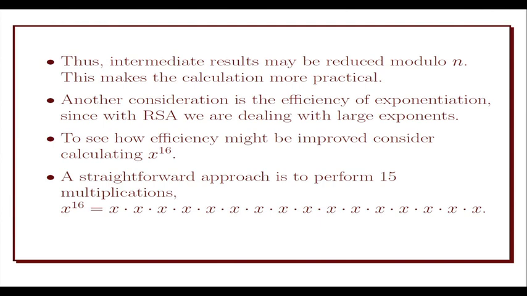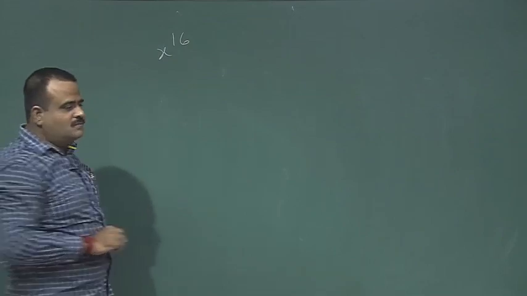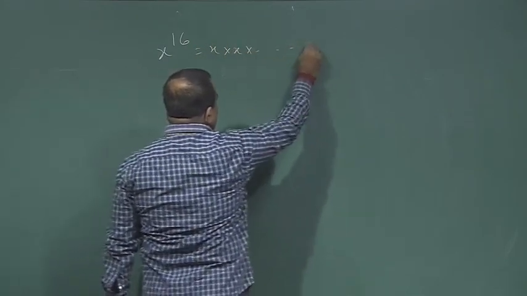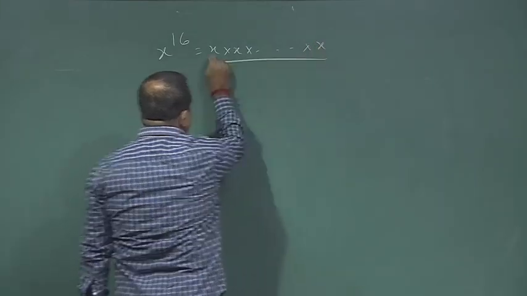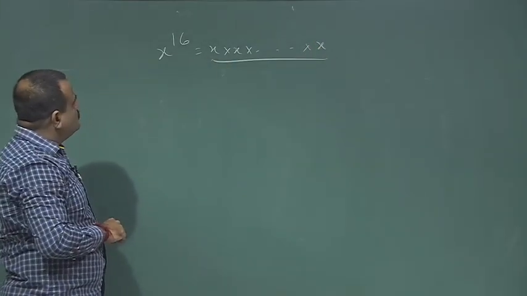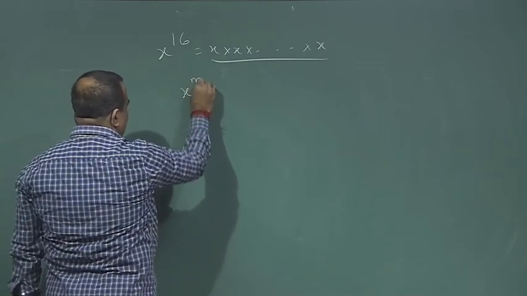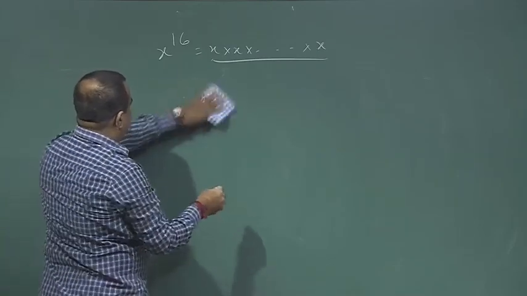Suppose we want to calculate x to the power 16. x to the power 16 is basically x multiplied by itself, 16 times, or say 15 multiplications. If we need to calculate x to the power e, or x to the power m, or x to the power n.